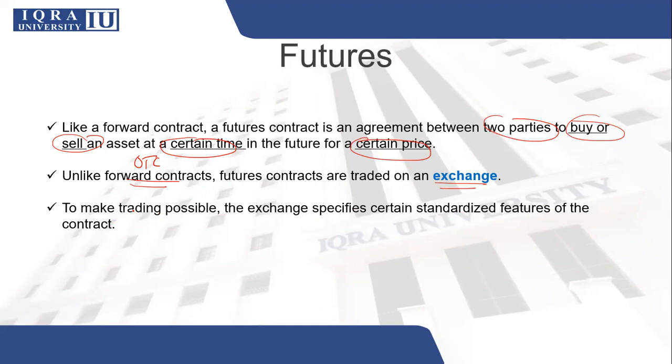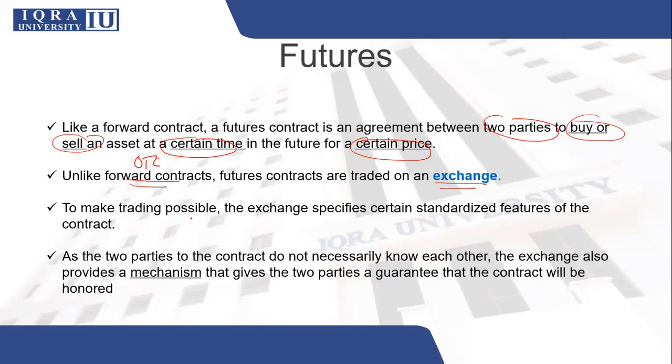You cannot say that you do not want it at this price, you want it at that price, because the features have been standardized. Similarly, the quantity has been standardized. Whatever is available on the exchange, you will have to purchase that only. However, a forward contract is a different story. The other party will be sitting in front of you and you can negotiate: I want this much quantity at this price.